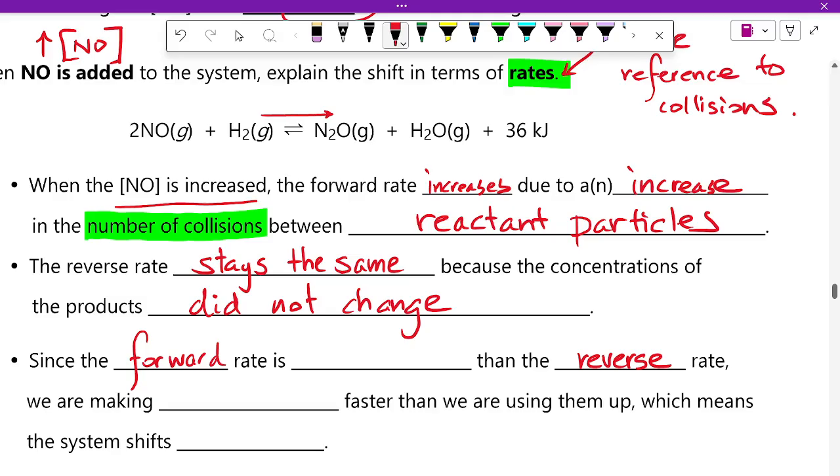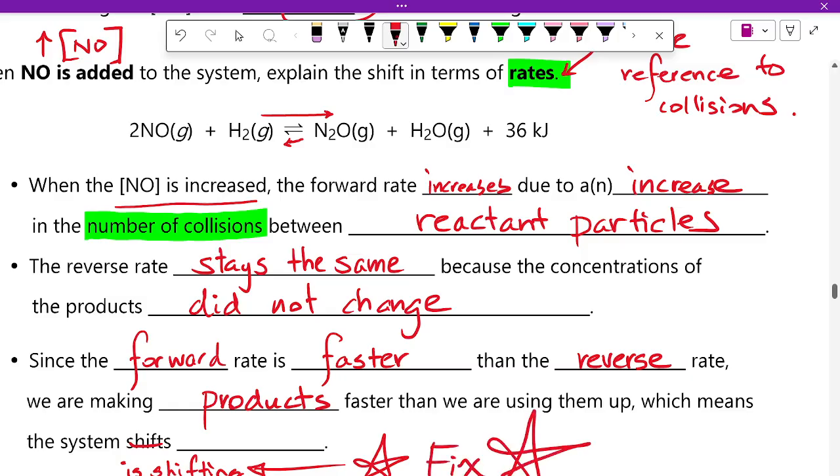Faster or slower? Faster. And if that is the case, are we making reactants or products faster? We're making products faster than we are using them up, which means the system shifts right.